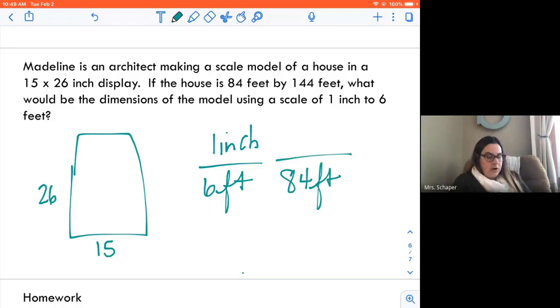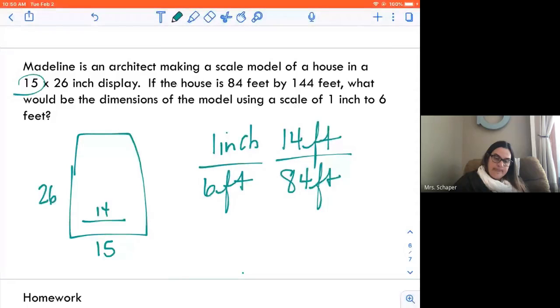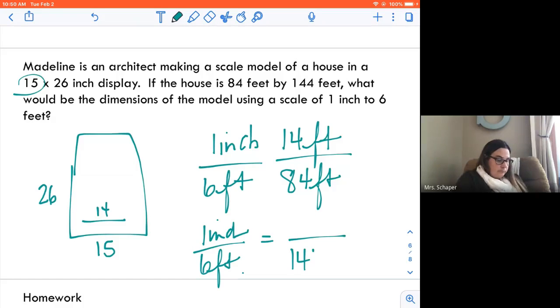So 84 divided by 6 is 14. So it would be 14 inches in here. And then 1 inch to 6 feet, it's got to fit into 144.